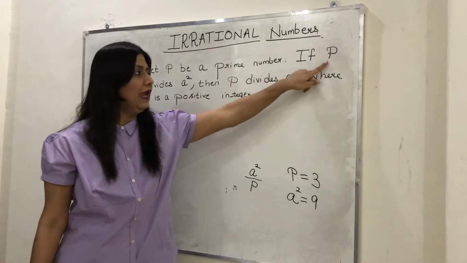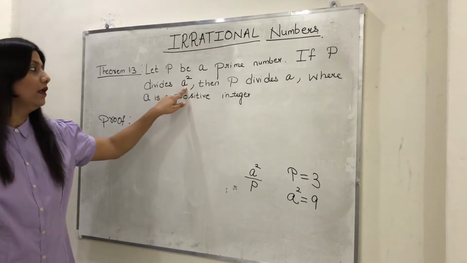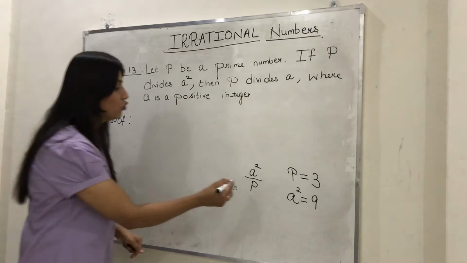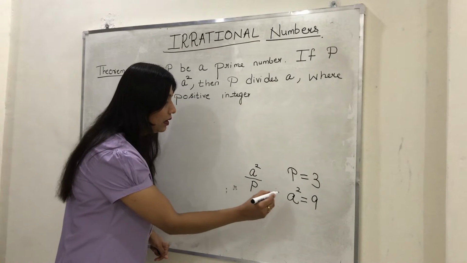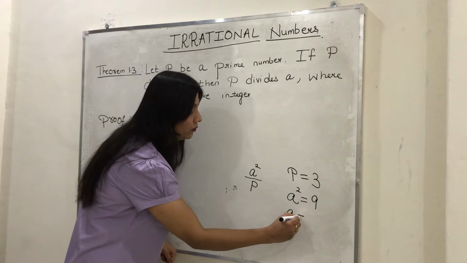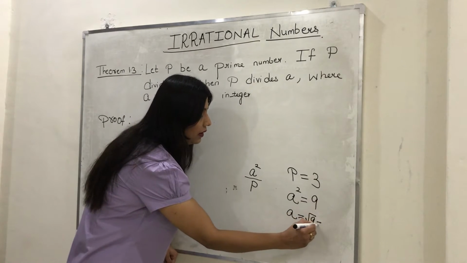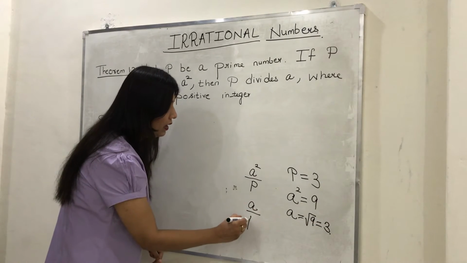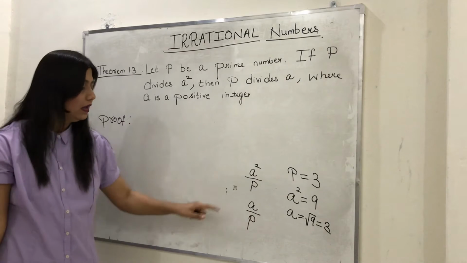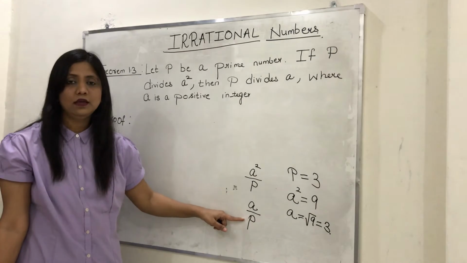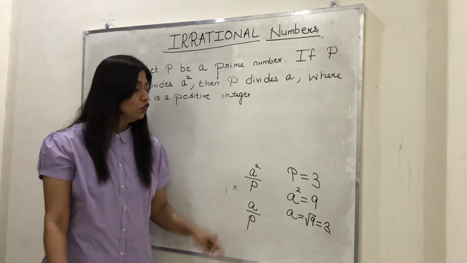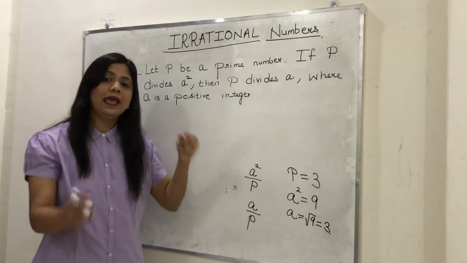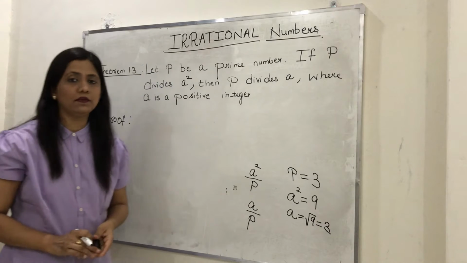If p divides a square, then p divides a also. So a square is 9, so a will be root of 9, that is 3. So this p will divide your a also. Here a is 3 and p is 3. So 3 upon 3 is 1. So if p is dividing your a square, p will divide a also. So we have to prove this.